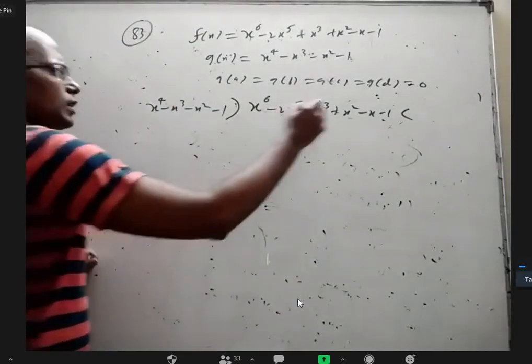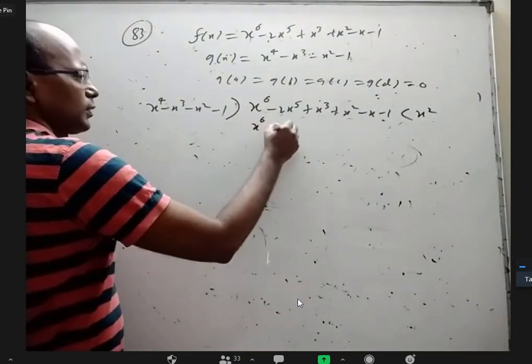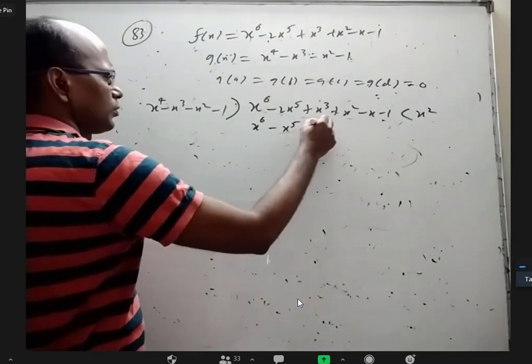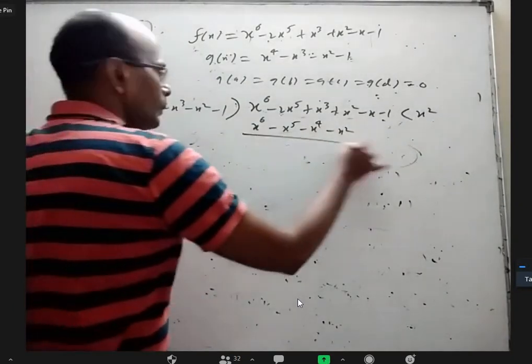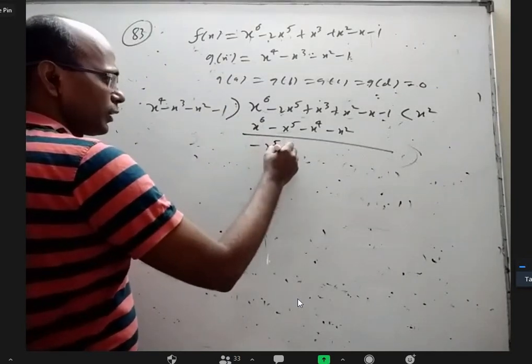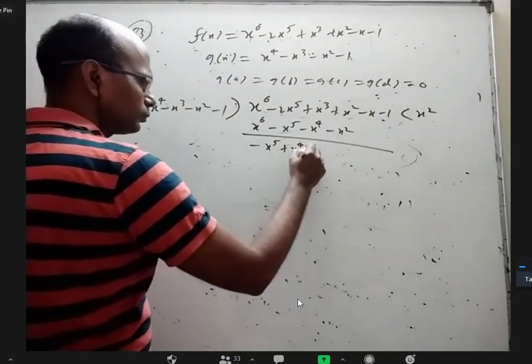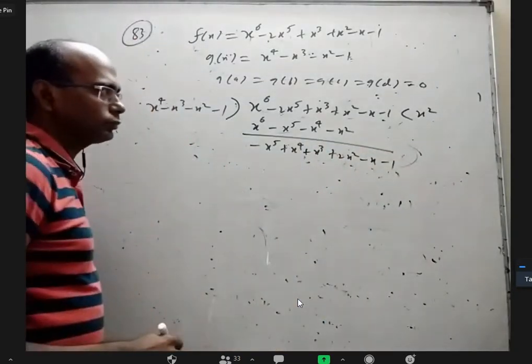First I have to multiply by x square. It is going to be x power 6 minus x power 5 minus x power 4. X power 6 will cancel. Minus x power 5 plus x power 4 plus x cube plus x square minus x minus 1.